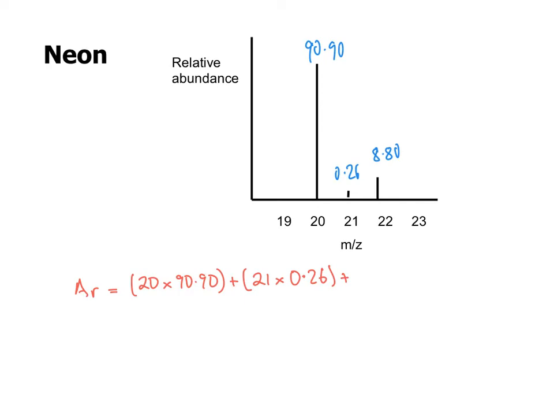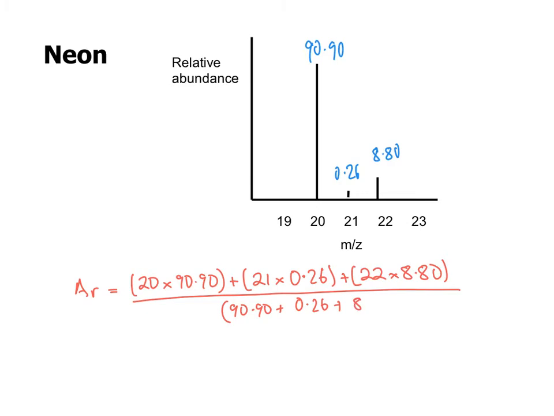And then we have a third isotope with a mass of 22, and an abundance of 8.80, and then that's got to be divided by the total abundance, so we're just going to put 90.90 plus 0.26 plus 8.80. When we put all of that into our calculator and do our calculation, we get an answer of 20.17.